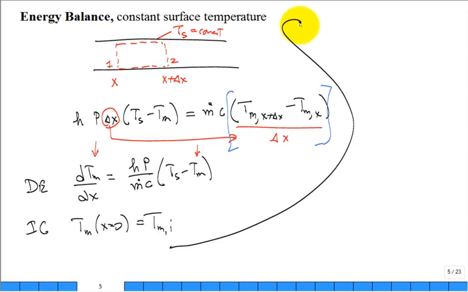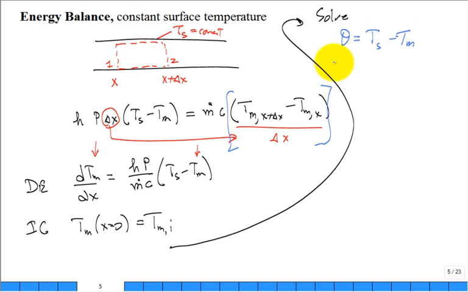Well, the strategy to solve that one is probably to introduce a change of variable theta, where theta is Ts minus Tm at the location. All right. So this is by definition. Again, we're going to emphasize that theta is a function of x and Tm is a function of x.